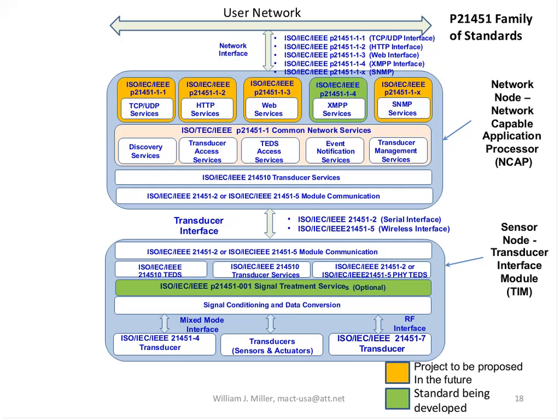But by adding XMPP, we're now able to add connectivity to the Internet with built-in security, which is something that the original sensor left to others. The sensor standard 1451 really didn't have security built right into it, and relied upon someone to provide a layered-on kind of security. Next slide.